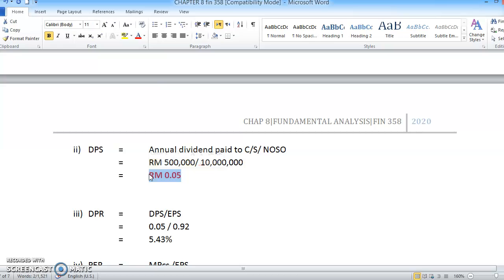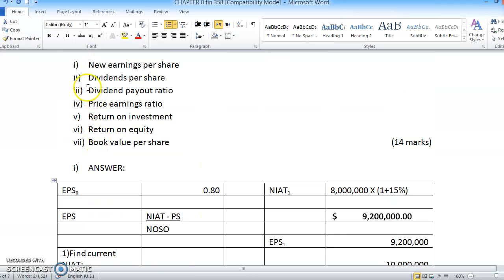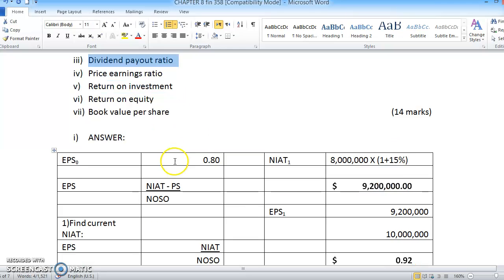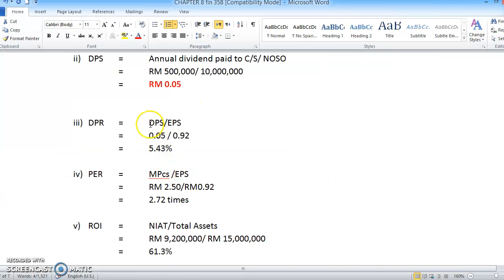Okay. And other than DPS, we also have the dividend payout ratio, which is DPR. So, dia tanya, number 3, what is the dividend payout ratio? Okay. What is the formula? Formulanya adalah kena ambil DPS tadi bahagi dengan EPS. So, kita dah ada the DPS which is 5 cent, bahagi dengan EPS baru ya.